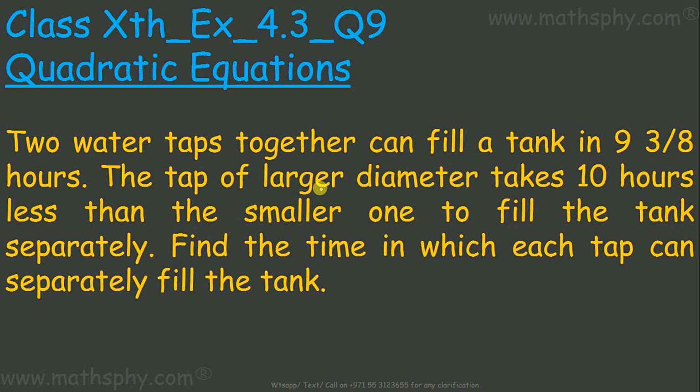Larger diameter takes 10 hours less than smaller diameter tap to fill the tank separately. But if they fill the tank together, it takes 9 3 over 8 hours. What we have to find out is how much time it takes if both of them try to fill up the tank separately, means individually.